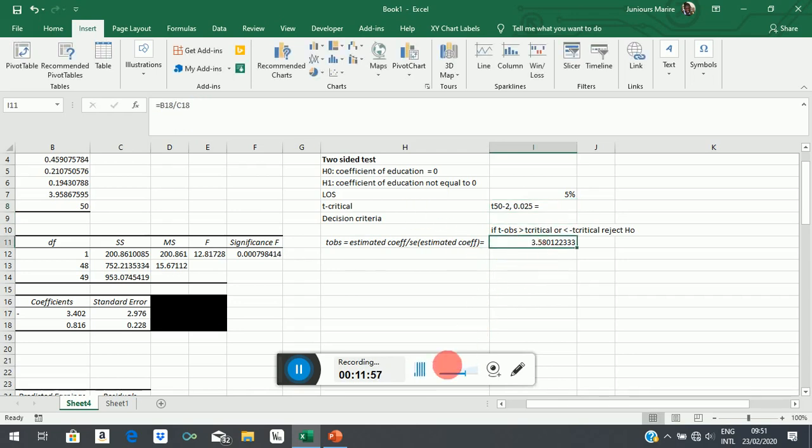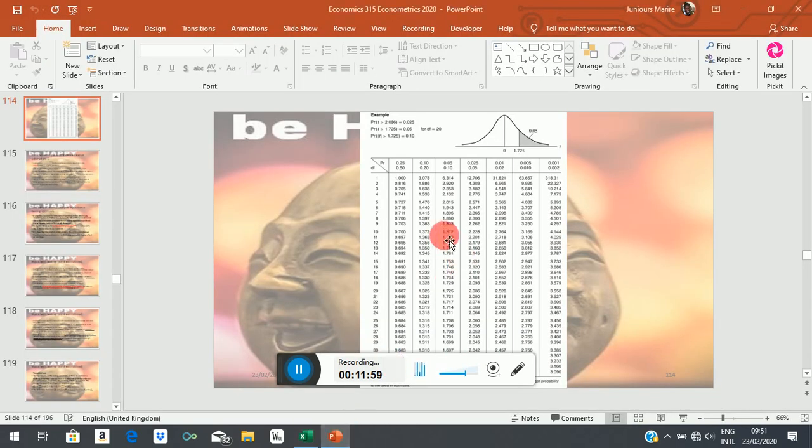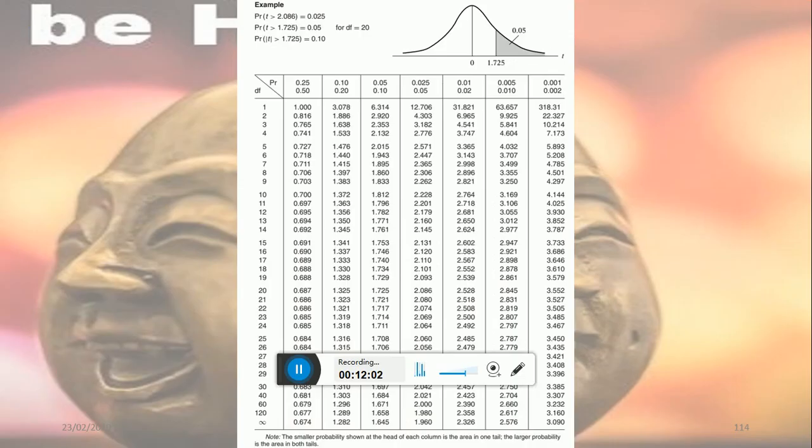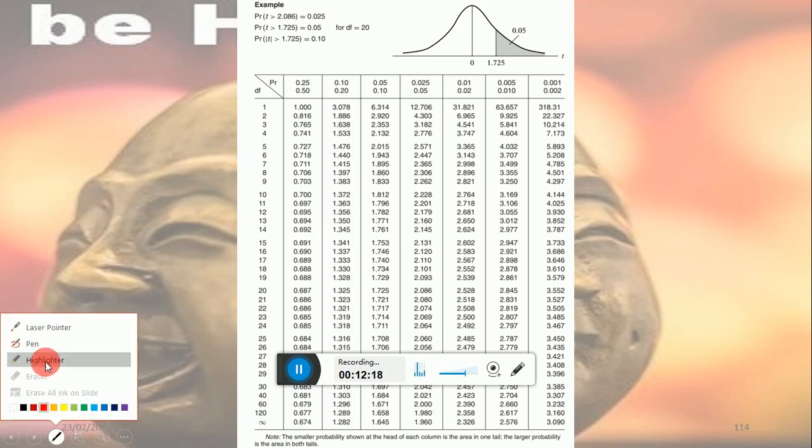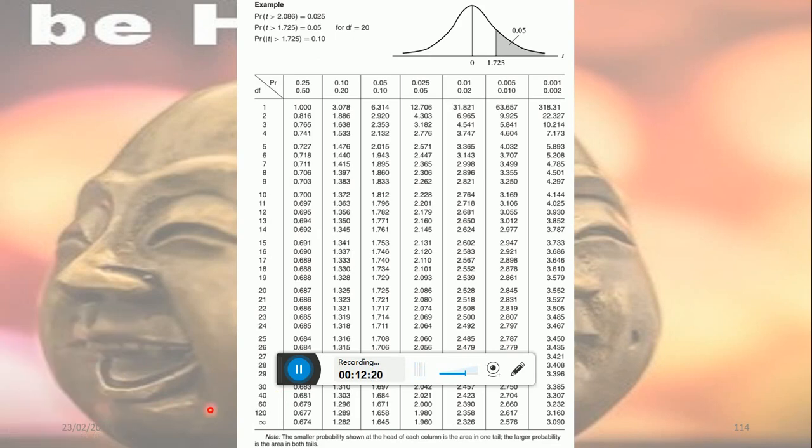So with that, you come to your table and you look for 50. Now 50 is a lot bigger. 48 is closer to 40 than it is to 60.